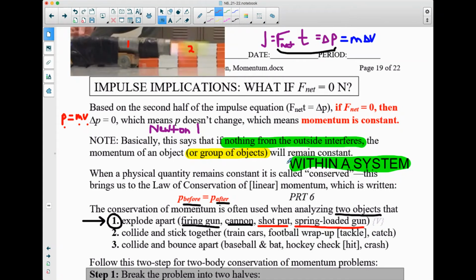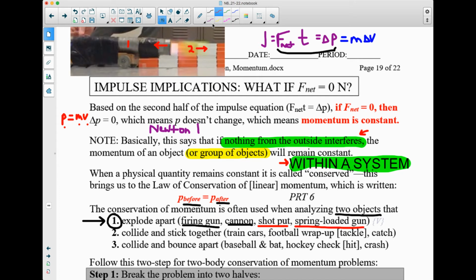Now, this comment within a system, aka no outside interference, is very important. What that means is the only forces going on in these are the cannon pushing the ball this way, really it's the gas that explodes, and the ball pushing back on the cannon this way.